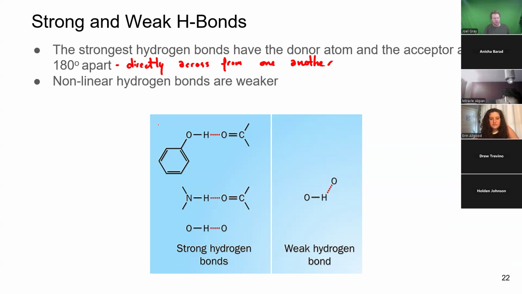Hydrogen, oxygen, straight line between them. They're as close to one another as possible. In the weaker case, it's a straight line, but it's at an angle. They're not directly across from one another, which makes that a relatively weak hydrogen bond.